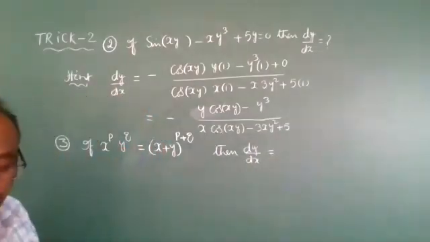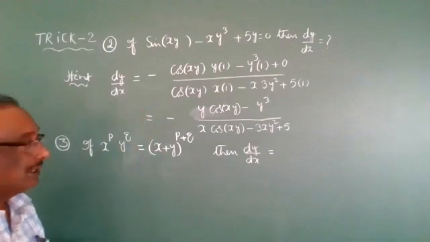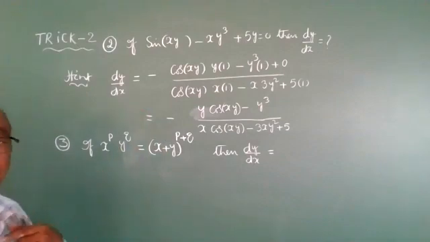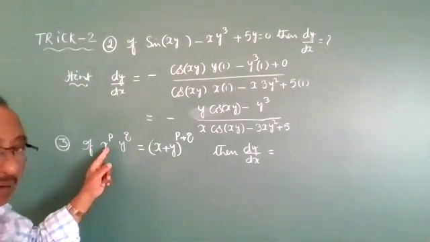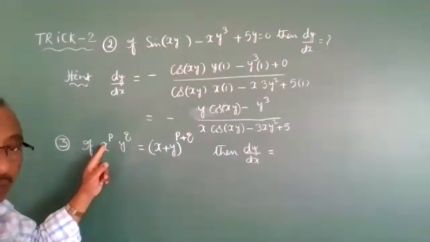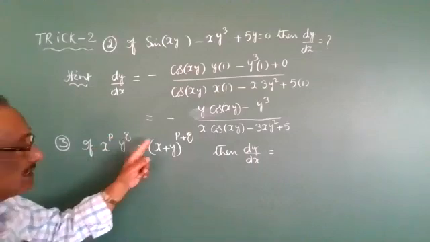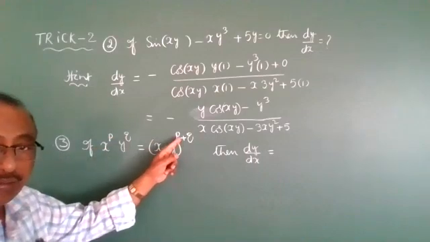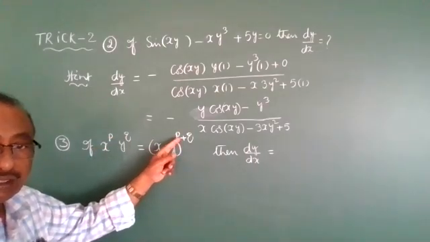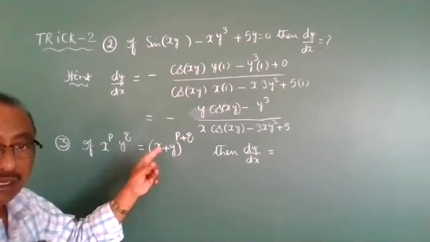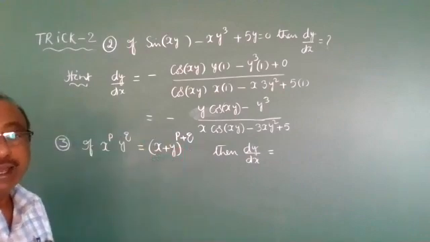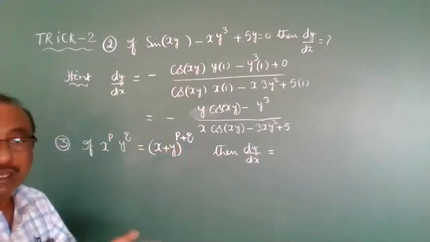Actually we should tell the shortcut method. So what is the shortcut? I will do the problem in the short method only. x power of p, y power of q: both powers are added on the right side, meaning both powers are added, and the answer is y by x.